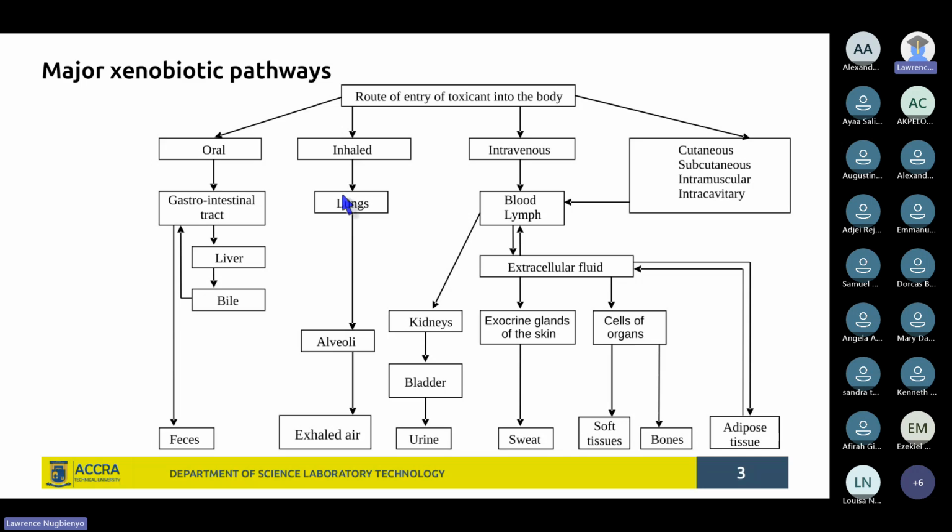You can have xenobiotics also going through another pathway, which is through inhalation. So for gaseous xenobiotics, they are inhaled through the nasal cavity. And once they are inhaled, they get into the lungs.